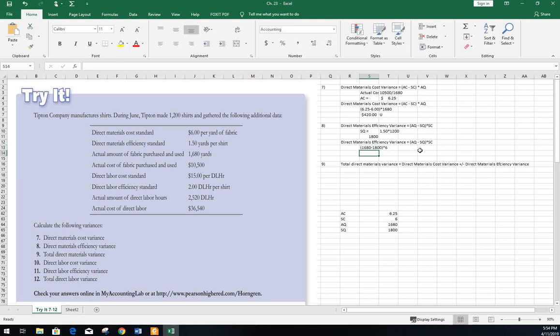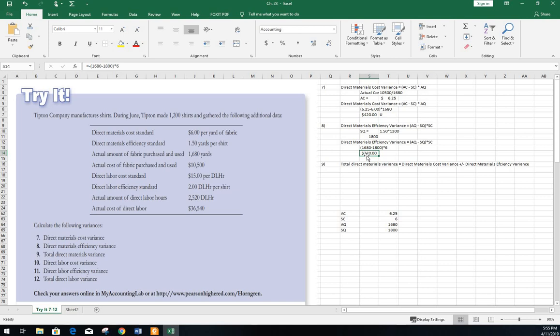Okay, so that equals, and this is going to be a negative number because the 1680 is smaller than 1,800. 1680 minus 1,800, and I forgot to put the parentheses, multiplied times $6, our standard cost. Compute that value, and it's 720.